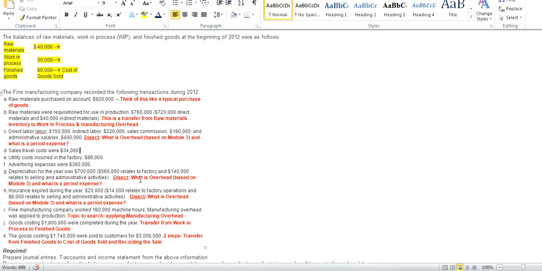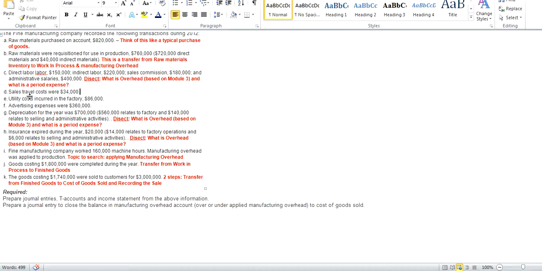Sales travel costs, straightforward: sales travel expense, and credit accounts payable. E, utility costs incurred in the factory. If this had said an office building, then it has nothing to do with production, and we would do utility expense, credit accounts payable.